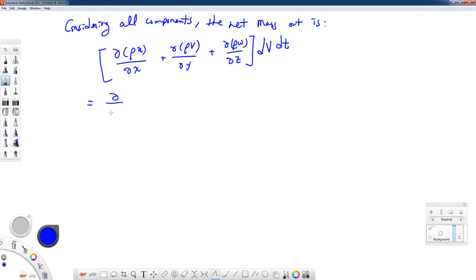If we use our x sub i components, we can say it's the partial derivative of something with respect to x sub i, and this is rho times the v sub i velocity component. And it's a summation, because we have our implied summation here, and it would expand out to these three terms, and then we have our dV, the volume, in dt.